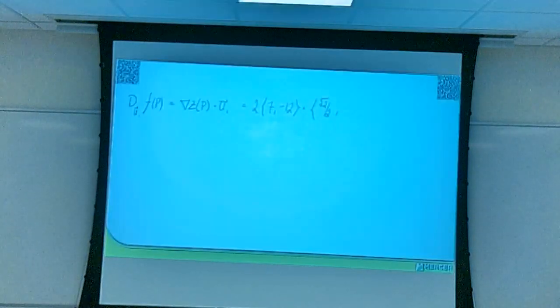Root 2 over 2. You factor out that one half. 7 root 2 minus 12 root 2, which is negative 5 root 2. Should be 2, I don't know why I wrote 12.